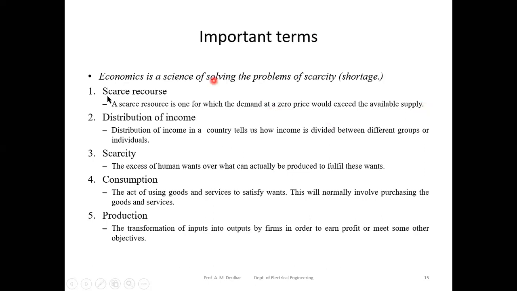Even at the price of zero, the available supply will not be sufficient to satisfy the demand. That particular resource is called a scarce resource, because for this resource there is the demand.